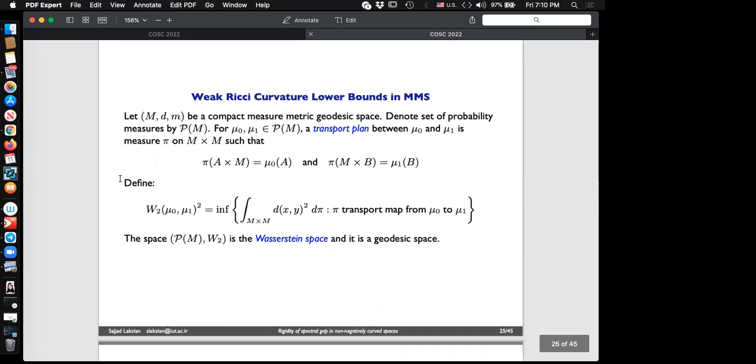But weak Ricci curvature bounds are harder to define, and everybody knows the history of this. It goes back to the work of Sturm and, independently, Lott and Villani, who developed weak Ricci curvature bounds for metric measure spaces using convexity properties. You have to use the convexity properties not of a distance function, as you would for Alexandrov spaces, but of some averaged quantity, because this time Ricci is the average of sectional curvature.